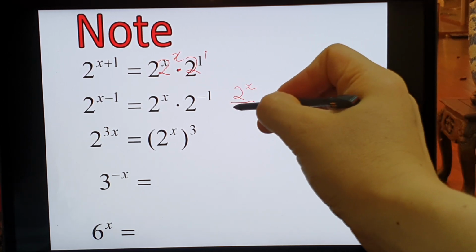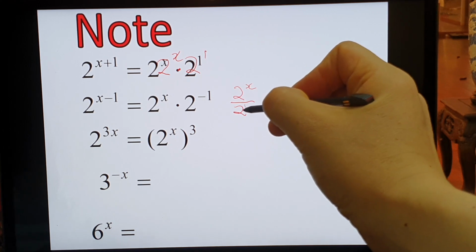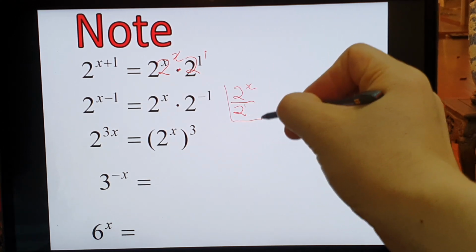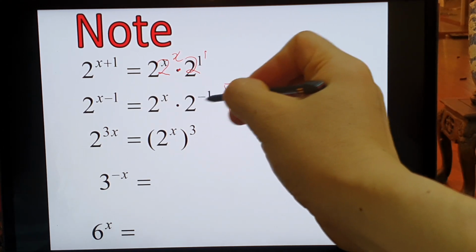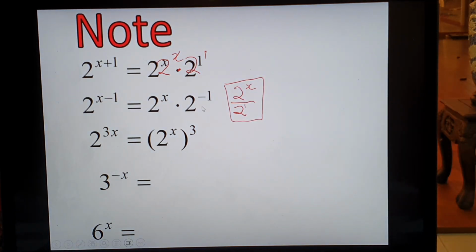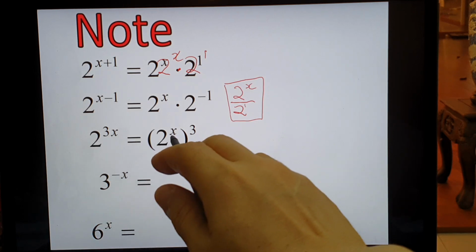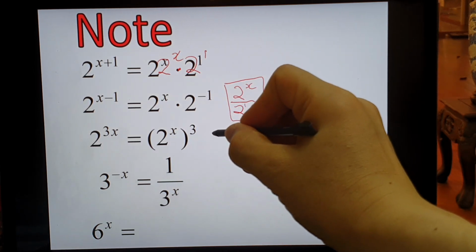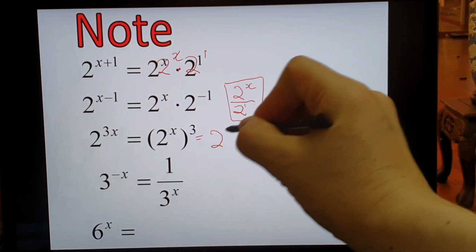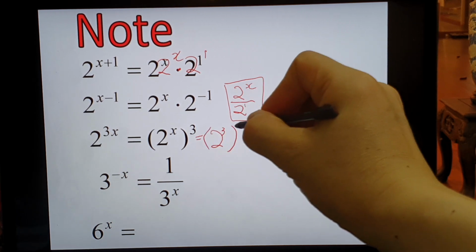Also can. Depends on the question. It might be easier for you to write it this way instead of this way, because we try not to deal with negative numbers. But you see the situation, alright? Now this, you can either write it as this or this. They mean the same thing.